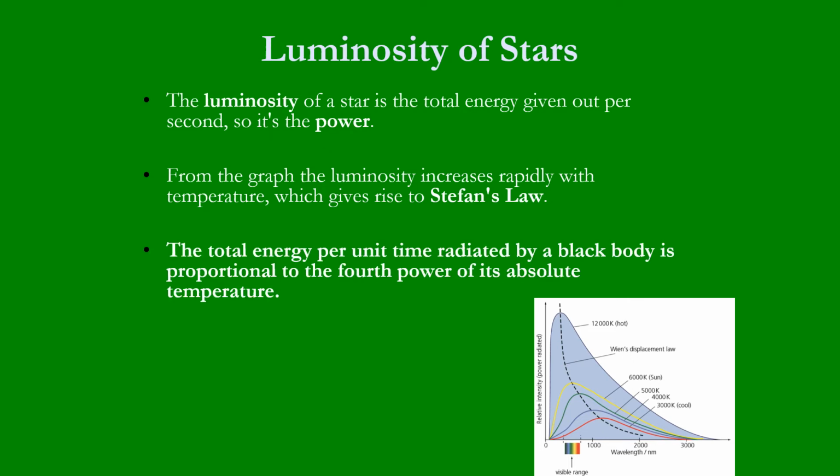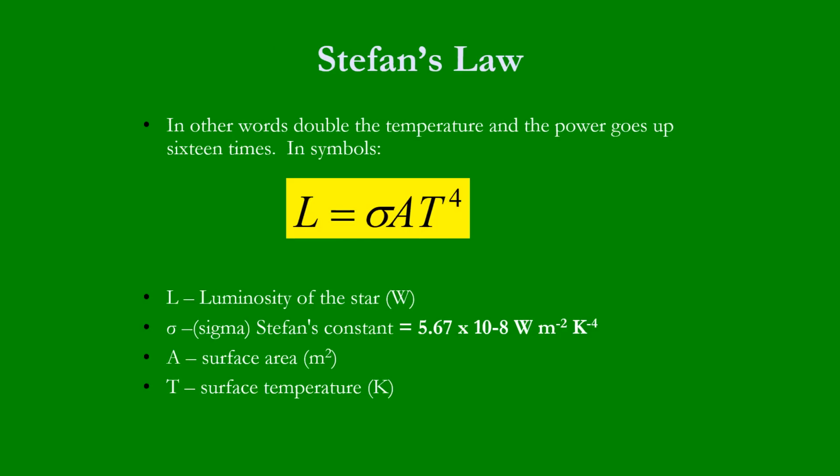Stefan's law, basically, says that the total energy per unit time radiated by a black body is proportional to the fourth power of its absolute temperature. So you'll see Stefan's law on your formula sheet, and it's got temperature to the power of 4, and we'll have a go at using it. If you double the temperature, the power goes up 16 times.